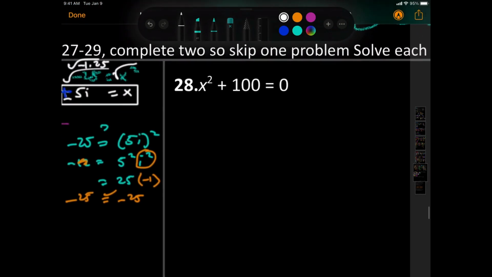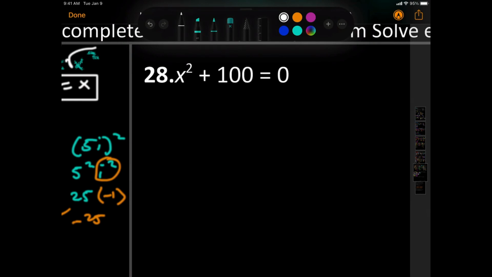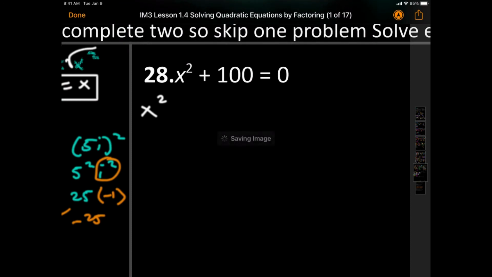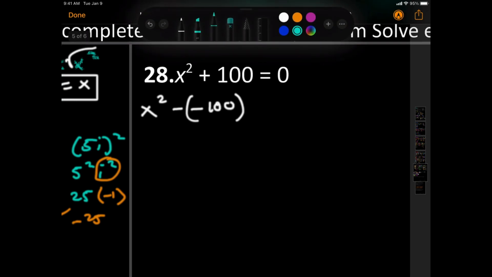Let's try number 28 with difference of squares. It's already set equal to 0. I'm going to change this to a minus. Pencil work. Okay, so I need something in here.